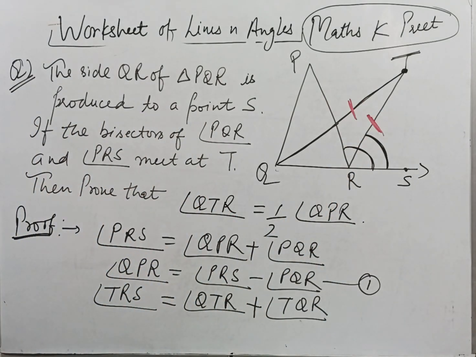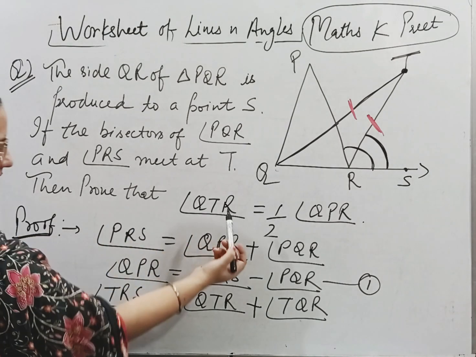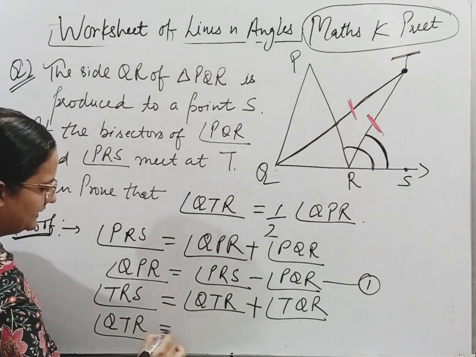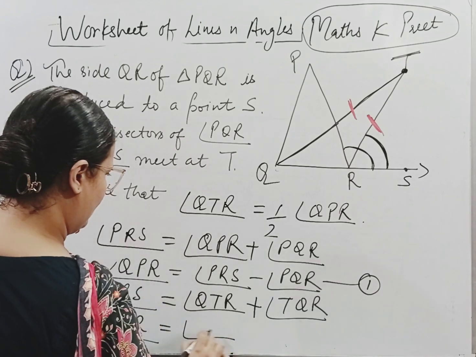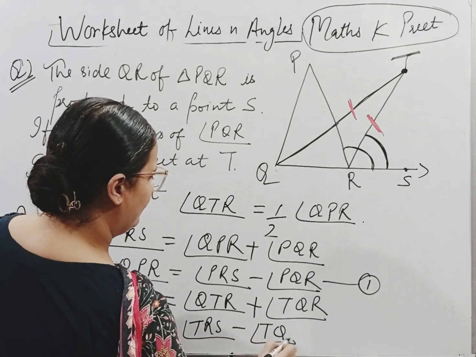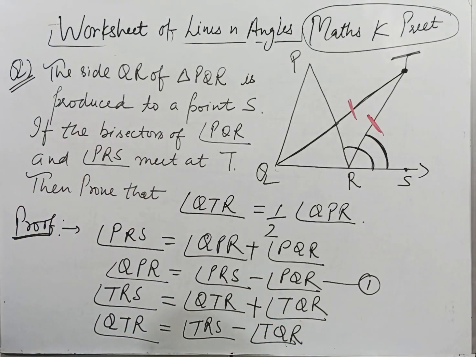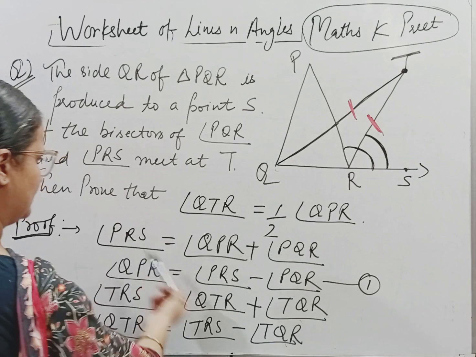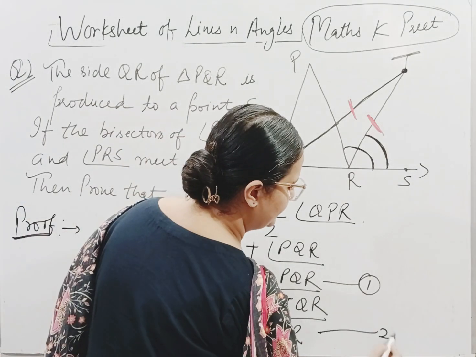From here, QTR is in the question. We will keep this on one side and other angles on the other side. So we have to write it like this. Let me check whether I have written this correct. QPR can be written as, yes, fine. Mark it number 2. Now I have to erase the statement.